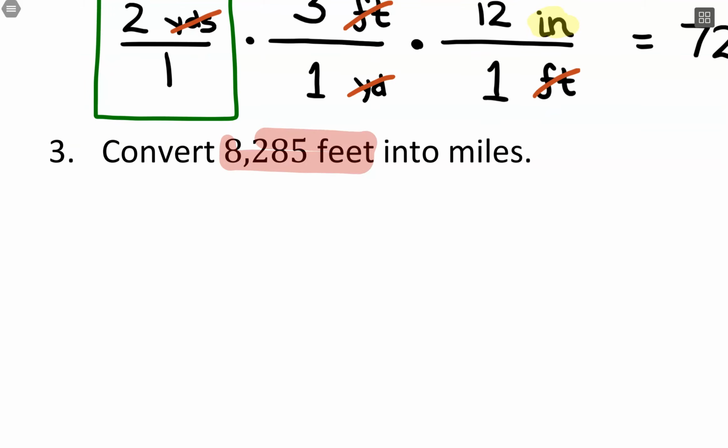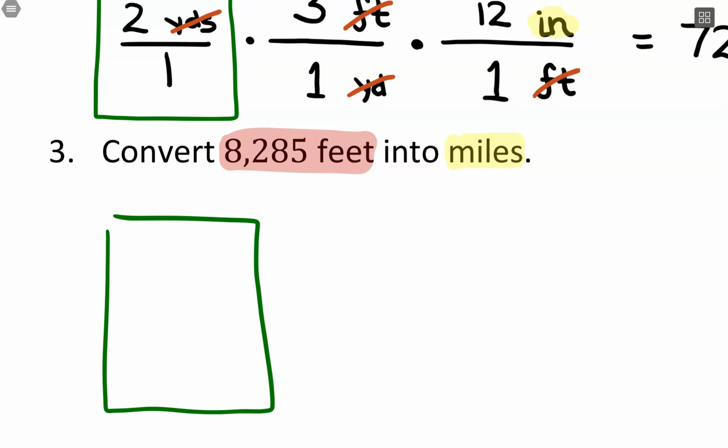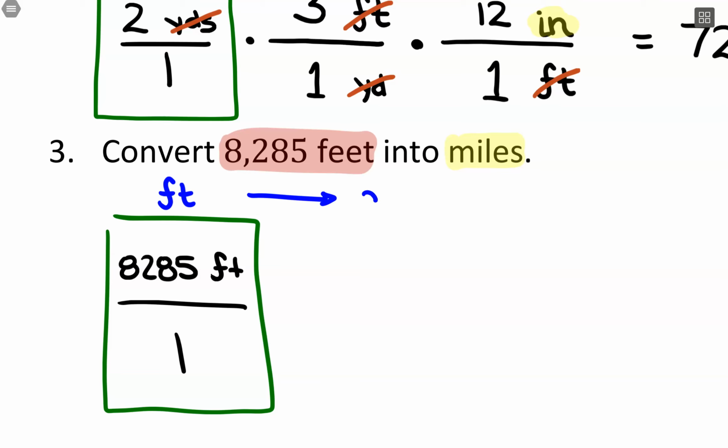All right, 8,285 feet. And we want to convert this into miles. So we are starting with 8,285 feet. And I'm just going to put that over 1 to help me organize. And we have a direct conversion, so we have feet, and we can just get that turned into miles.